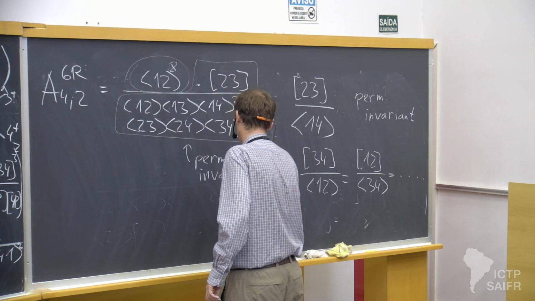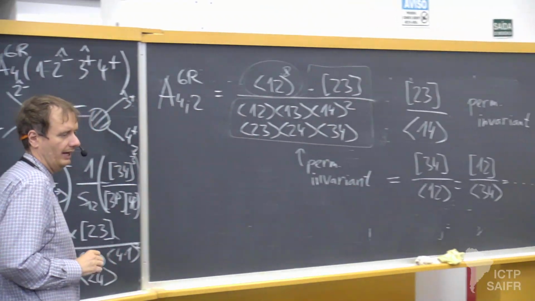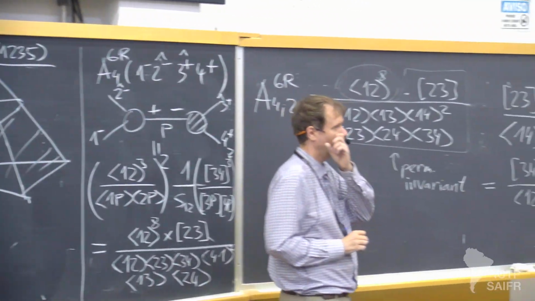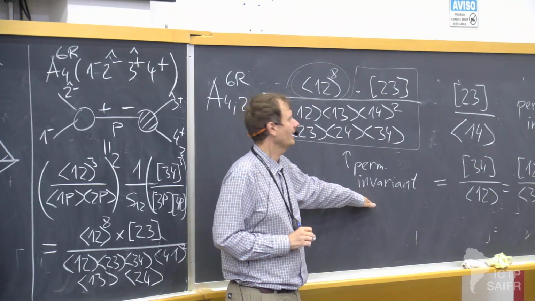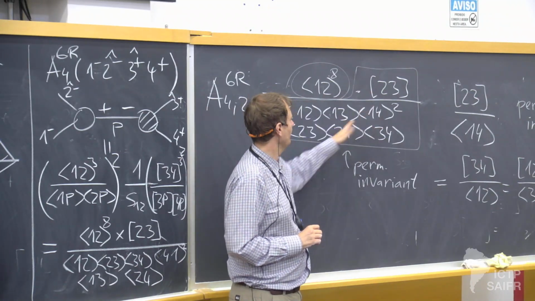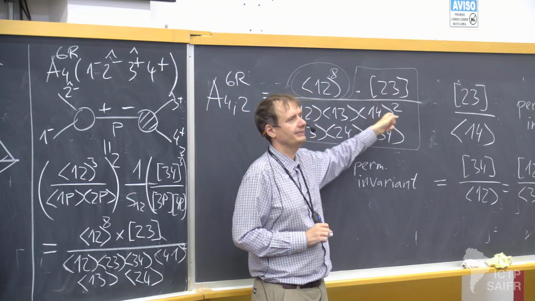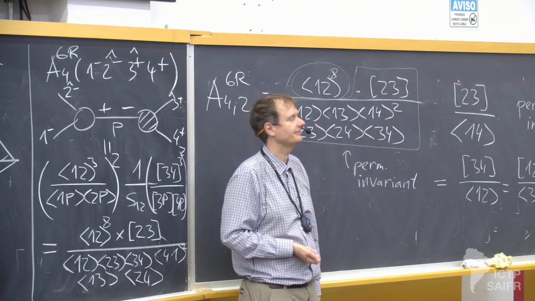However, if you want to write an explicit formula using spinor helicity variables, or any variables, no variables are known that you can use to expose the permutation invariance. Because you write it like that, and now it doesn't look permutation invariant. There is [2 3] in the numerator and [1 4] squared in the denominator. It seems to break the fact that you can permute the labels and get the same thing.